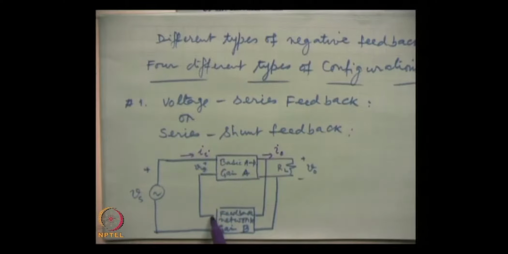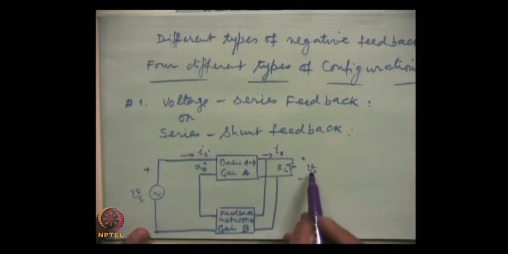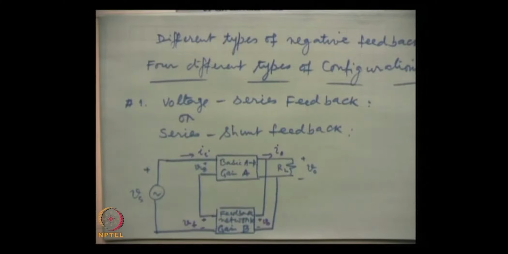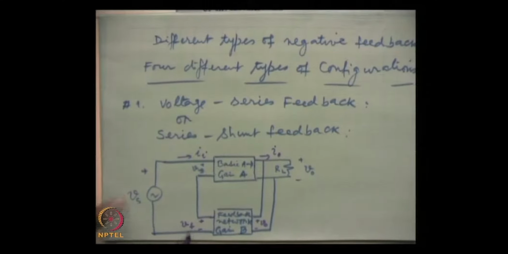So, this is the configuration, and here you remember that we are sampling the output voltage. So, plus minus V 0 is the input to the feedback network, and what appears here is V f with this polarity, and this is V e, the error signal, which is coming from the mixture of these two signals V s and V f.